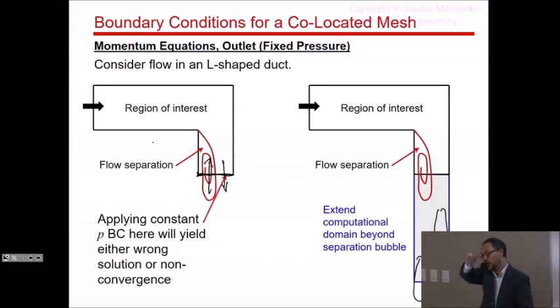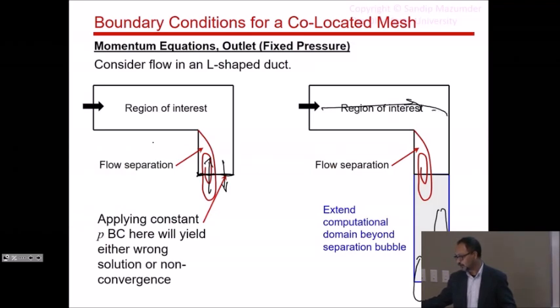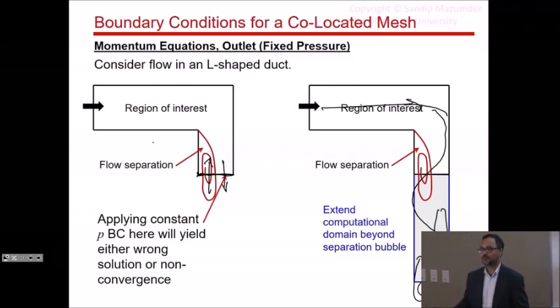Basically, the flow is snaking like that. The inertia here is so high, it hits this back wall, and it's basically doing this, and you're getting these recirculation patterns. So then the question is, where do I set my boundary condition? That becomes a challenge.